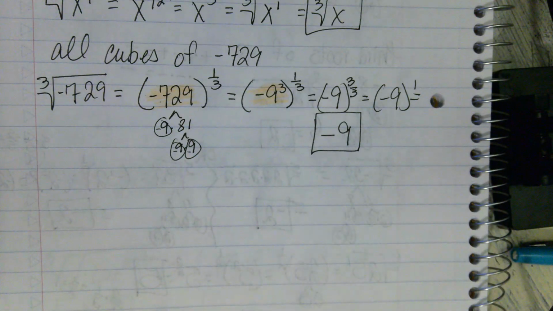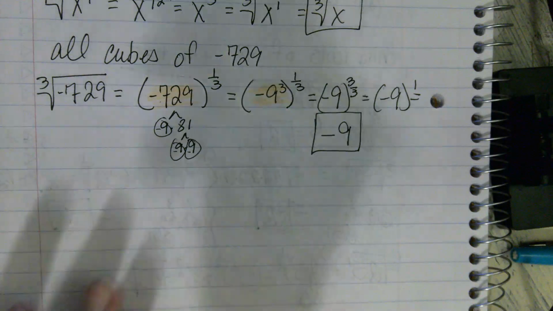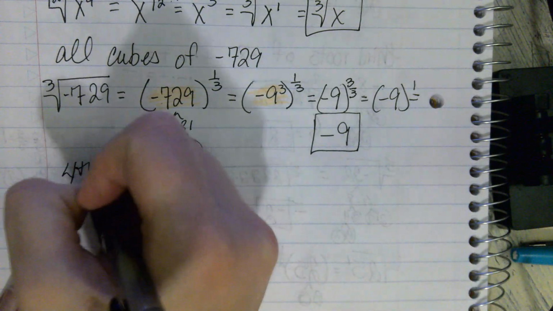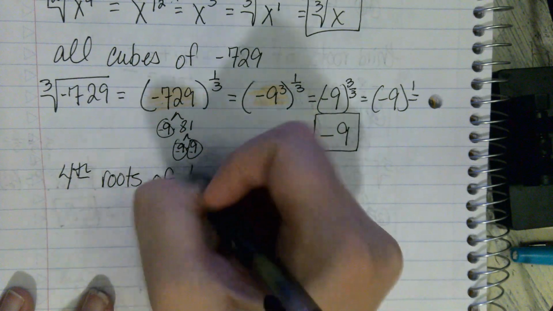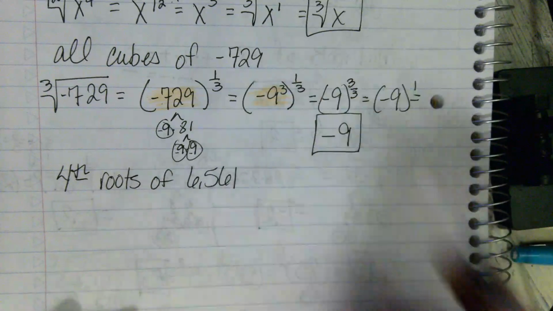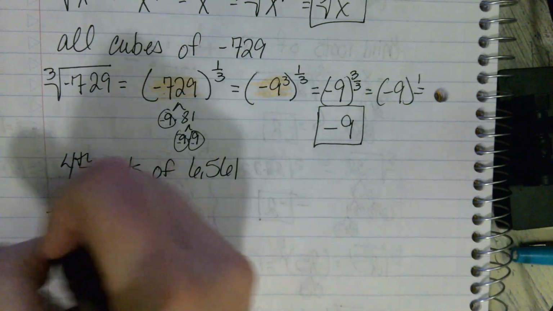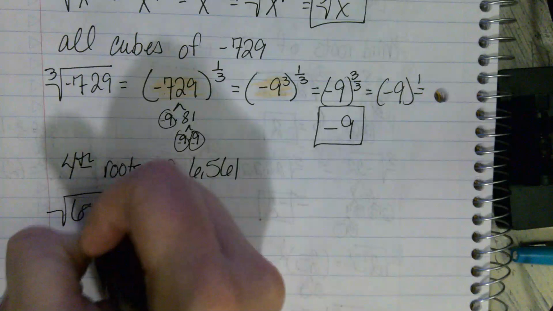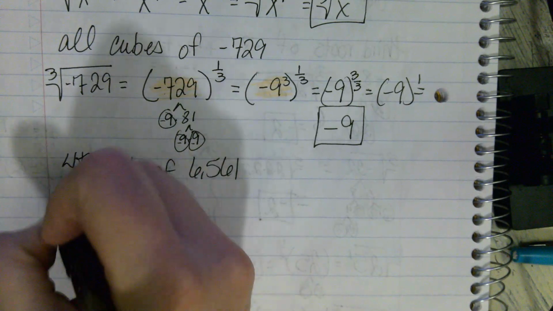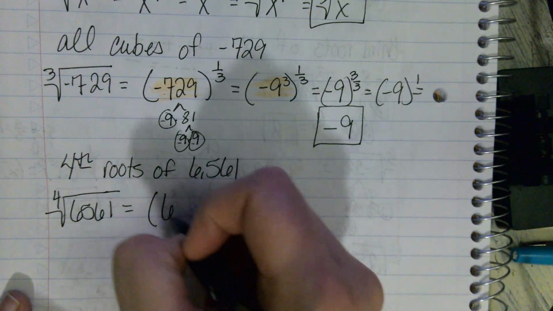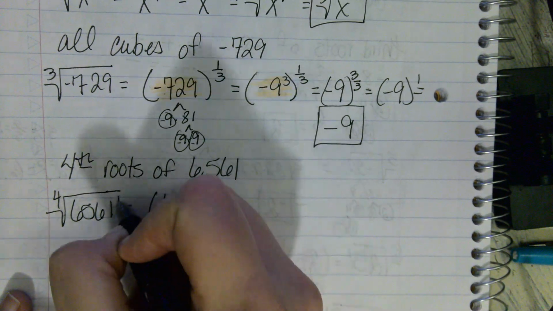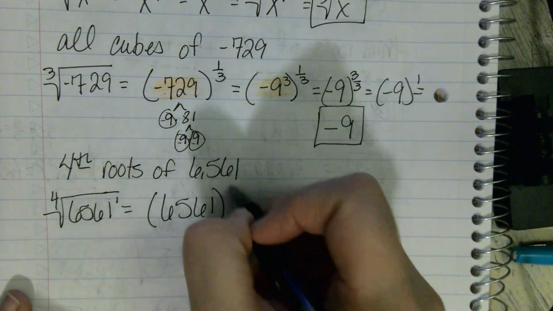Let me show you one where we have a positive. What if it wants to know all the fourth roots of 6,561? Again, I'm going to go ahead and put that in exponential form. Remember the invisible 1 over 4. So 1 over 4.